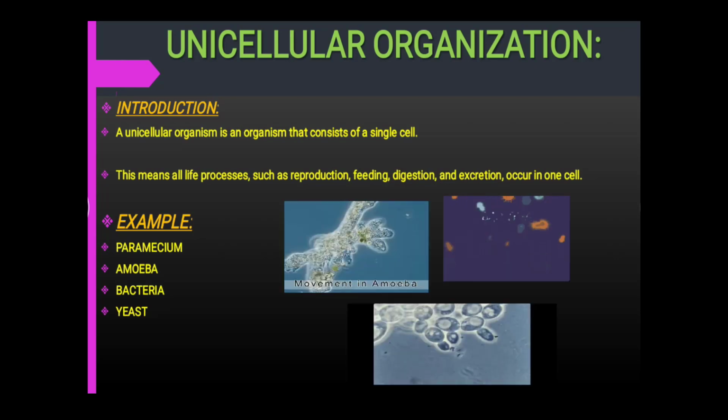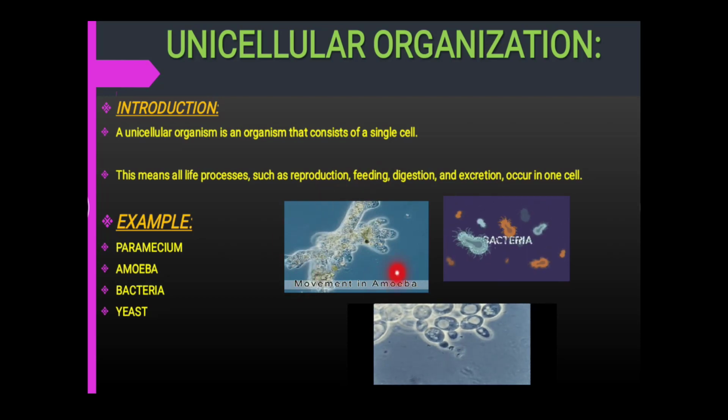Now look at these animations. Students, in the first animation you are seeing amoeba, in the second animation you are seeing bacteria, while in the third one, yeast. Second type of cell organization is colonial organization.